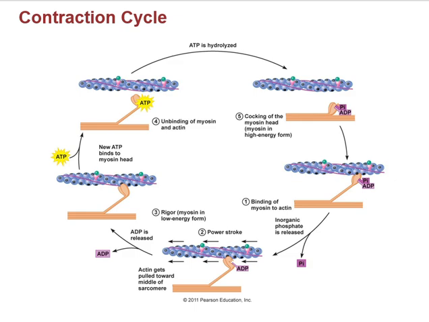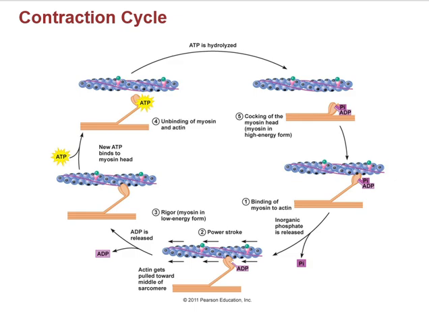So let's take a closer look at the contraction cycle. Let's start with the binding of myosin to actin, which occurs at the end of excitation-contraction coupling. That's possible because of ATP that was bound to myosin being broken down, and calcium that was released from the sarcoplasmic reticulum of a muscle cell entering the sarcoplasm.